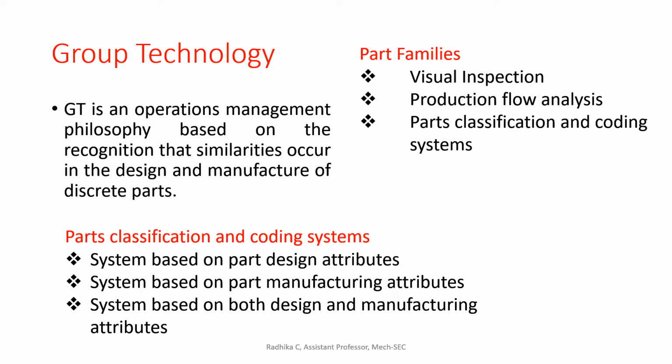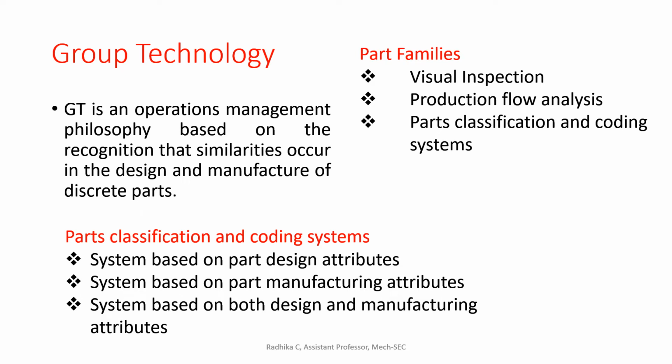Here, the general methods for solving these problems are mainly visual inspection, production flow analysis, and part classification and coding system. Part classification and coding systems can be grouped into three types: systems based on part design attributes, systems based on part manufacturing attributes, and systems based on both design and manufacturing attributes.